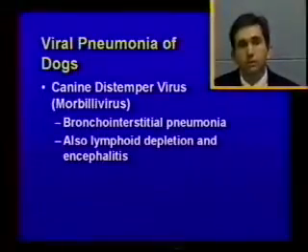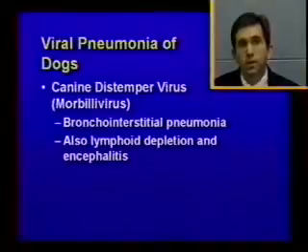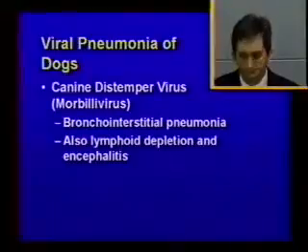If the animal mounts an effective immune response against the virus, then the animal is immune to canine distemper. However, if the dog mounts an inefficient immune response at that early stage, then the virus replicates and disseminates throughout the body, into the airways, into the brain, and there we see the classical form of this disease.